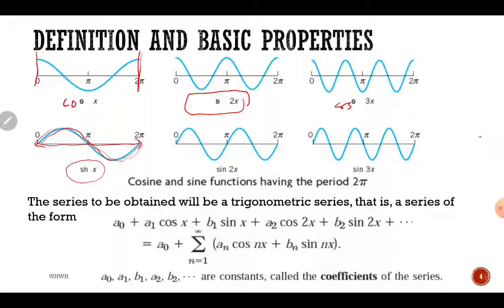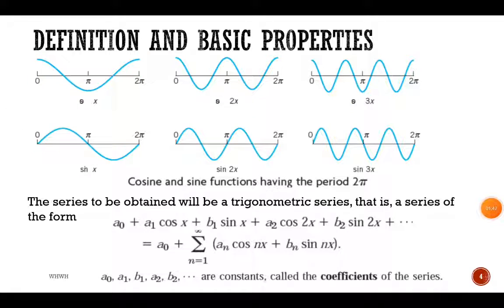What is the difference from the previous one? This one is cos x, sin x. This one is cos 2x, sin 2x. The earlier one had one cycle within one period of 2 pi. But this one, as you can see, has a different pattern.